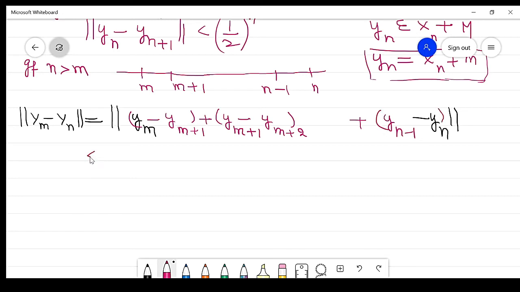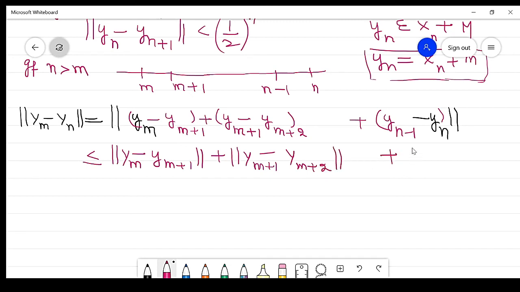By using the triangle inequality, this is less than or equal to the norm of ym minus ym plus 1, plus the norm of ym plus 1 minus ym plus 2, and so on, plus the norm of yn minus 1 minus yn.